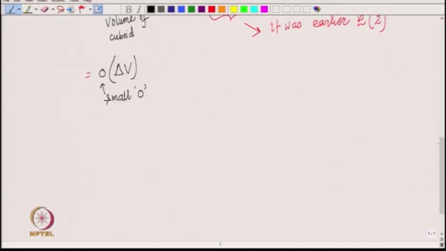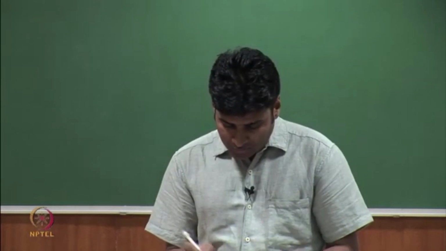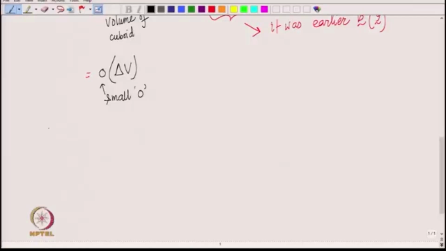So, we can now write down our angular momentum balance equation. So, you have to now recall the total torque external, that is equal to d dt of angular momentum of the cuboid relative to the center of mass x, and then the torque external has got contribution from the traction and from the body force.